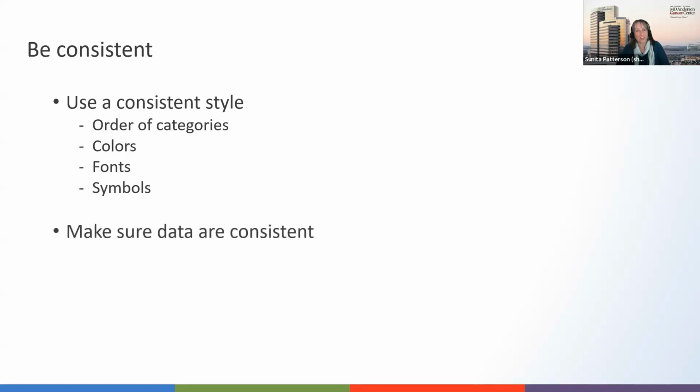Also, make sure the data match between the figures, tables, main text, and abstract. Sometimes as we're editing, we'll see different numbers of patients shown in the figures versus the text, or a text description that seems different from the trend that's shown in the figure.